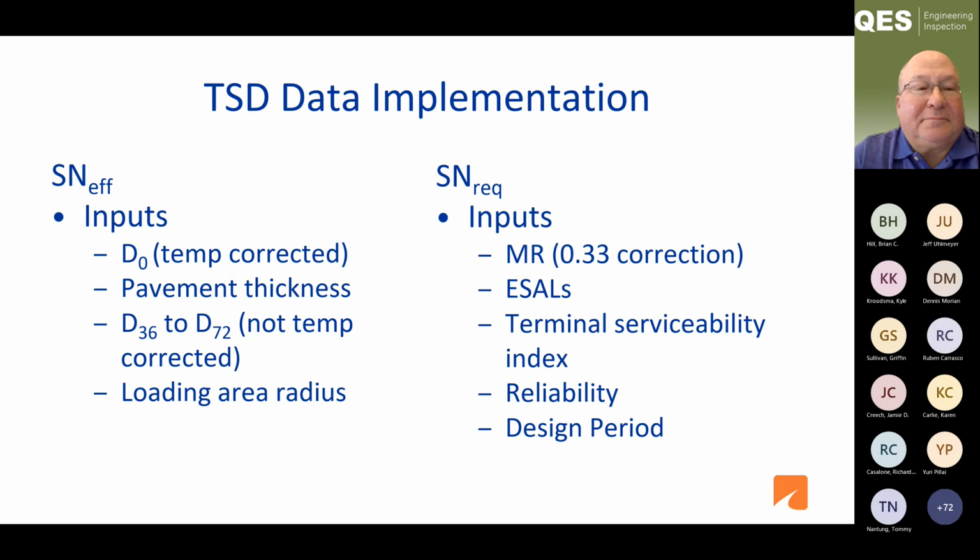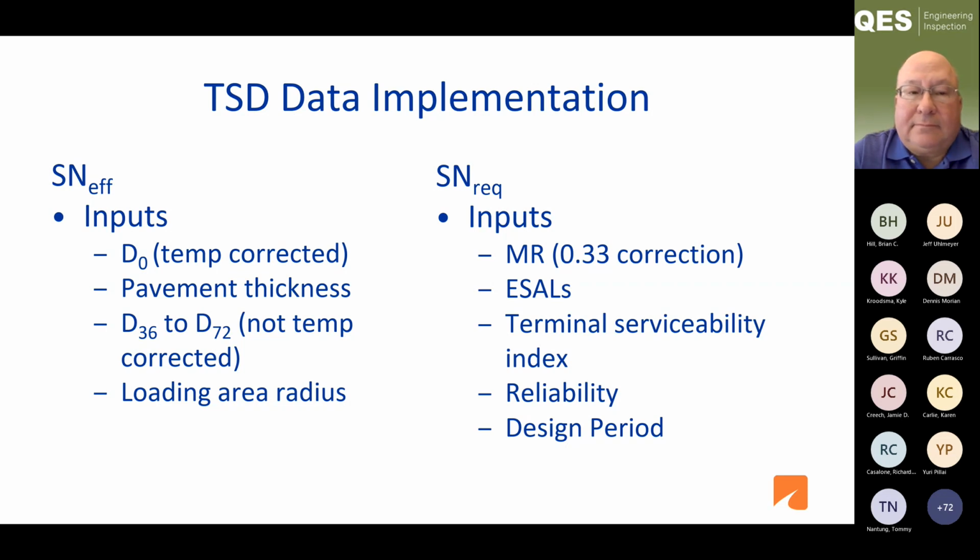So I put here a list of inputs that we need. For the effective structural number, the inputs we're using are a temperature corrected D0, so that's the deflection at the center of the load from the TSD. And again, that's where we're using the temperature data. Pavement thickness from the GPR, and then we are not temperature correcting the D36 and D72 values, and looking at the loading area radius.